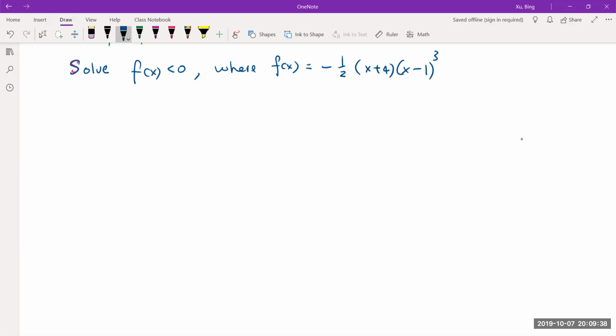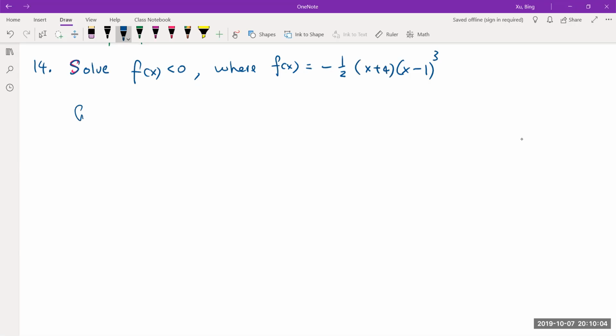If you want to know, this is in the textbook number 14. Okay. All right, so how do we solve this inequality? Right. One way to do it is to graph the function f of x and then read the graph. So we're going through that method now.